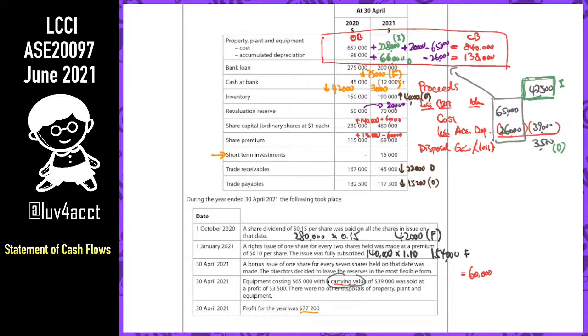Okay, you can see I marked down beside the figures that I need: investing, operating, and financing. It helps you count and identify the figures that you have already worked out, so it will not be so easy for you to miss out any item.